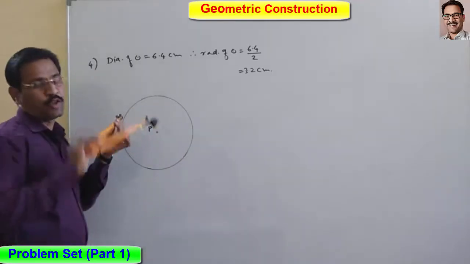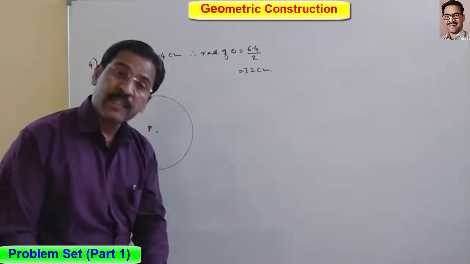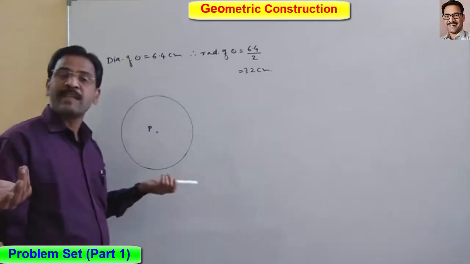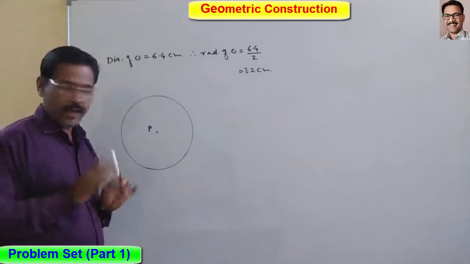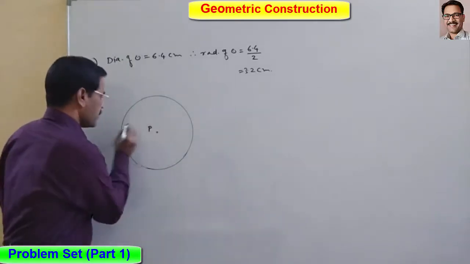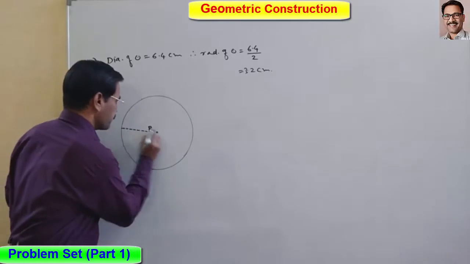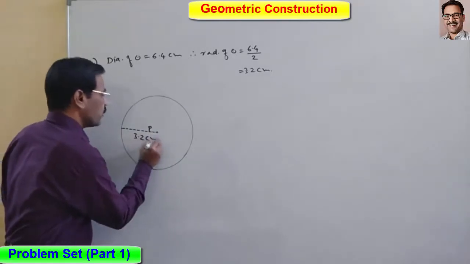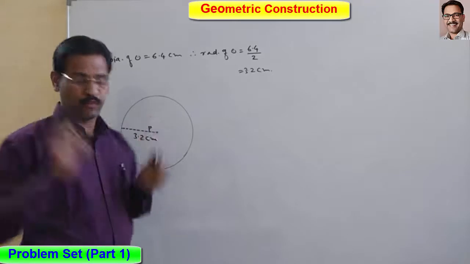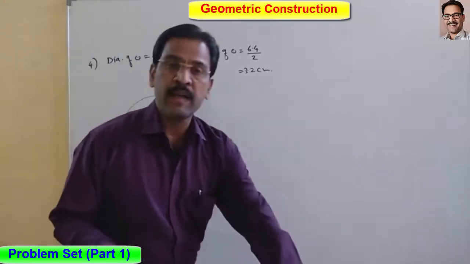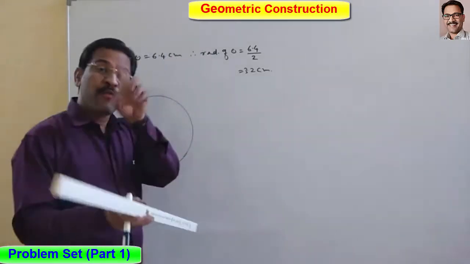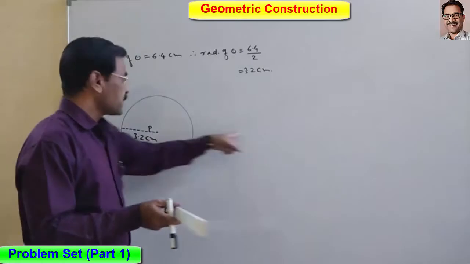Like this, we'll draw the circle of radius 3.2, which means obviously diameter is 6.4. Okay. Now, this is the radius 3.2, which means diameter is 6.4.